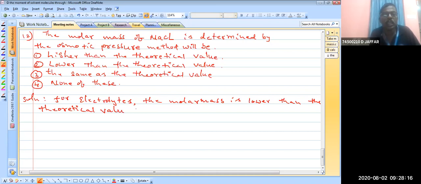Lower than the theoretical value. Why? Here for electrolytes, the molar mass is lower than the theoretical value, right?